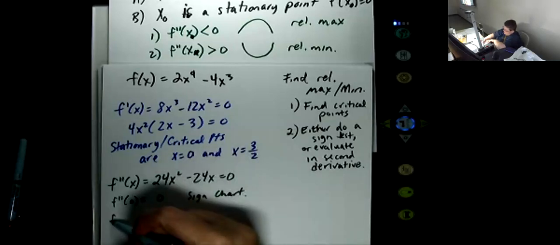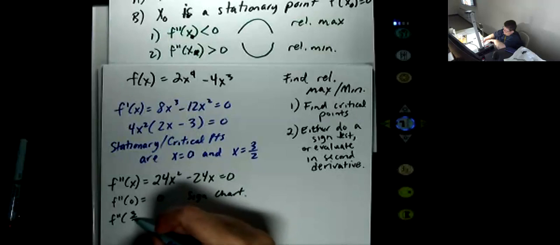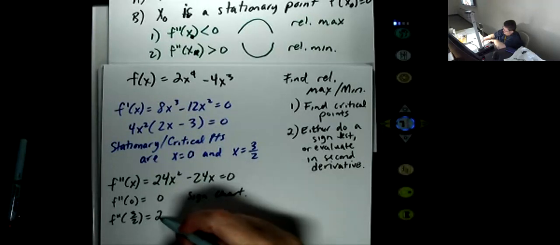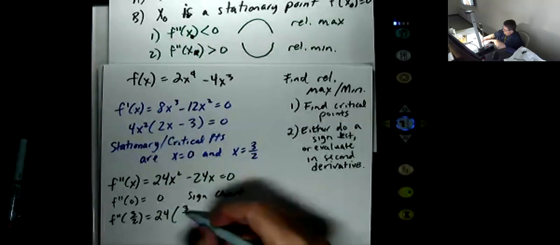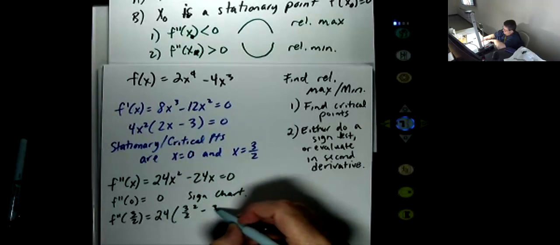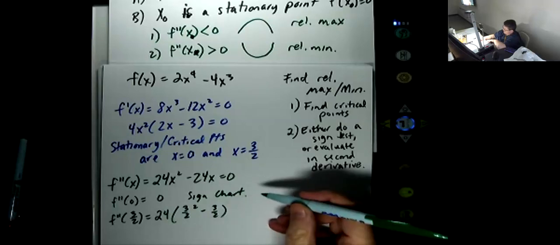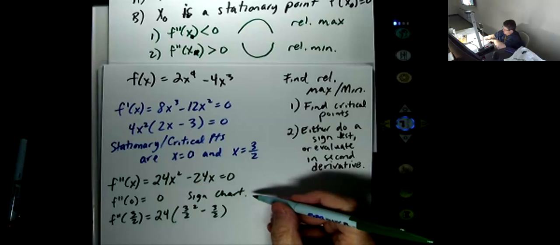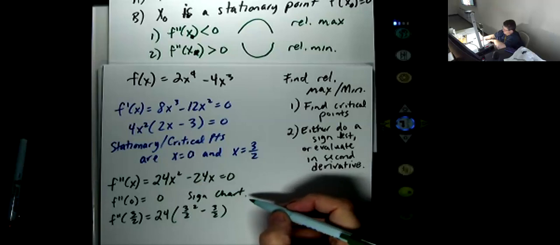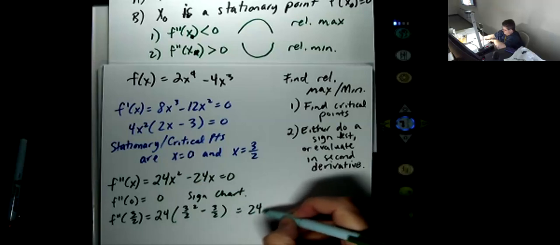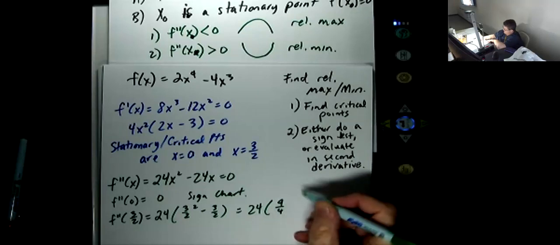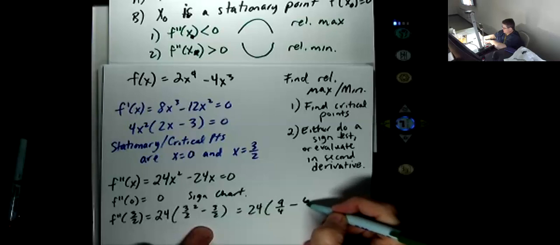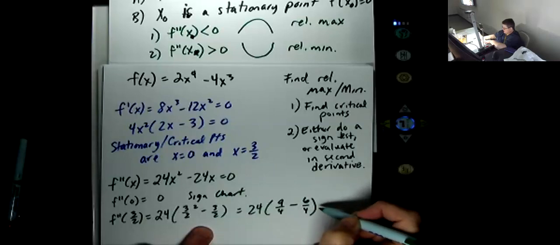If I do 3/2, this is 24 times 3/2 squared minus 3/2. Which is 9/4 minus, if I make it a common denominator, 6/4, 3/2.